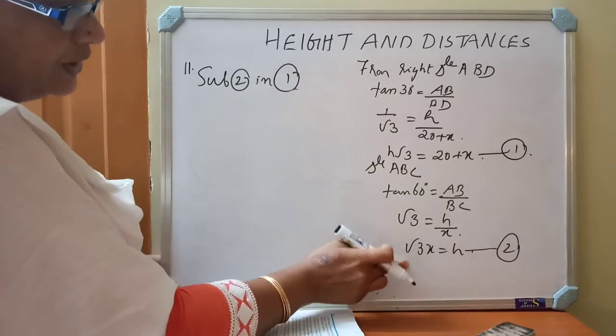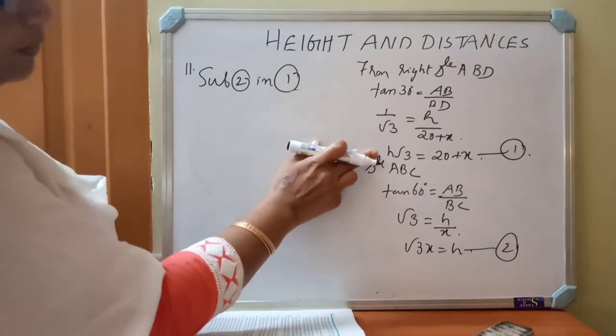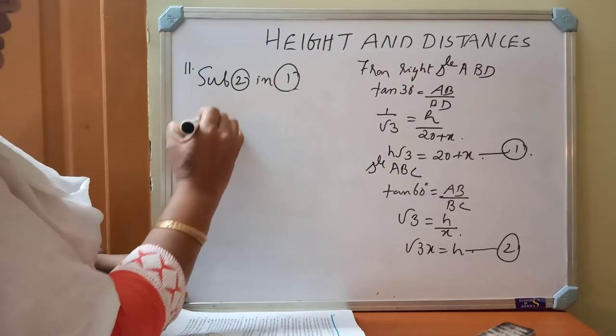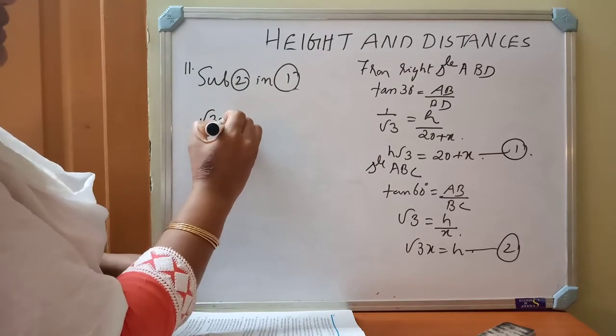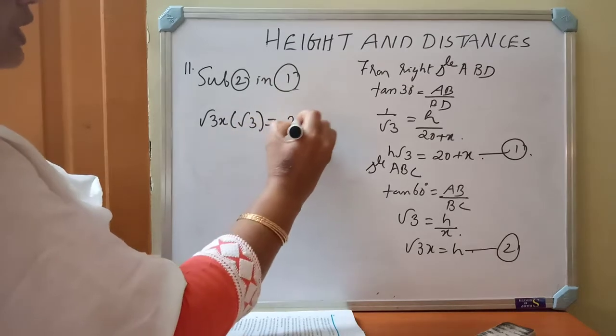The second equation I am going to substitute in the first equation. So in the place of H I am replacing by root 3x. Root 3x into root 3 equal to 20 plus x.